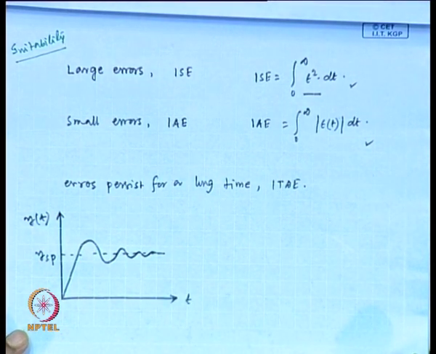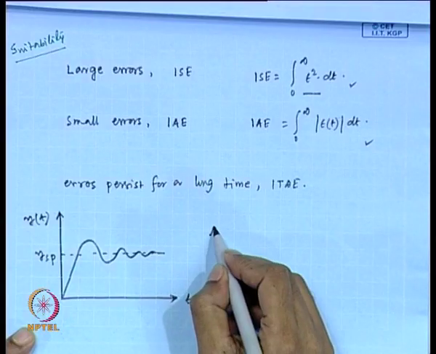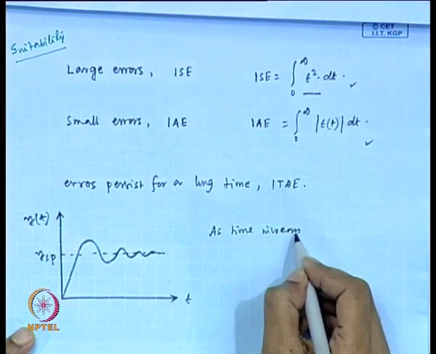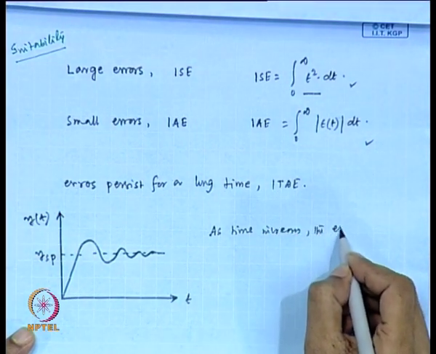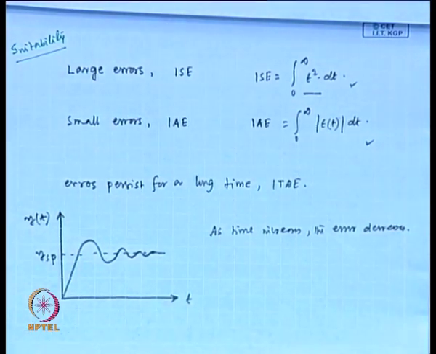It is obvious from this figure that as time progresses, the error decreases. So, as time increases, the error decreases, definitely for a stable system.